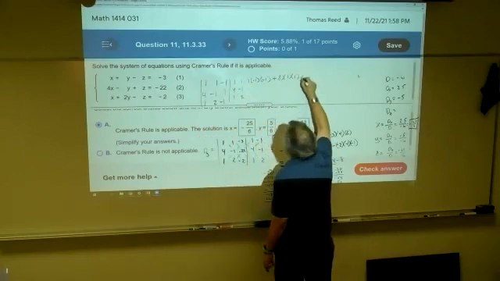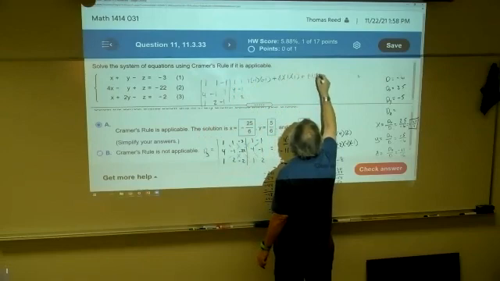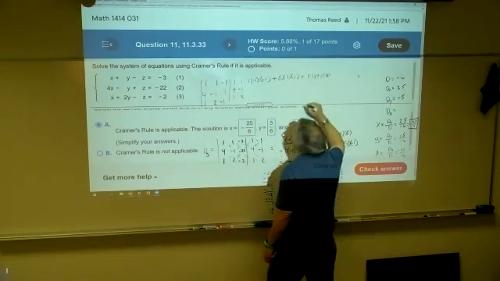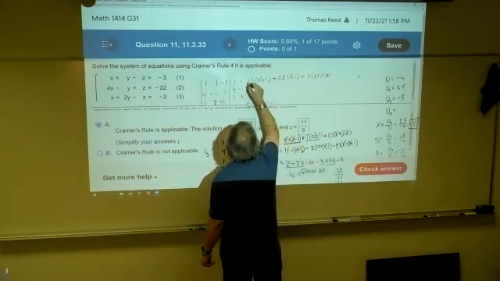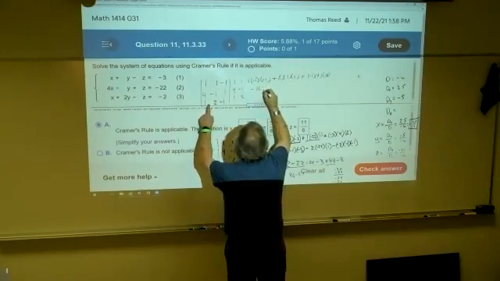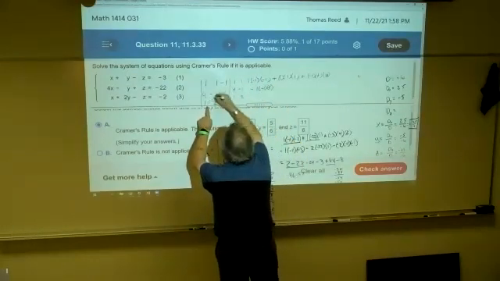So this will be plus -1 times 4 times 2. Minus 1 times -1 times -1. That's this diagonal.